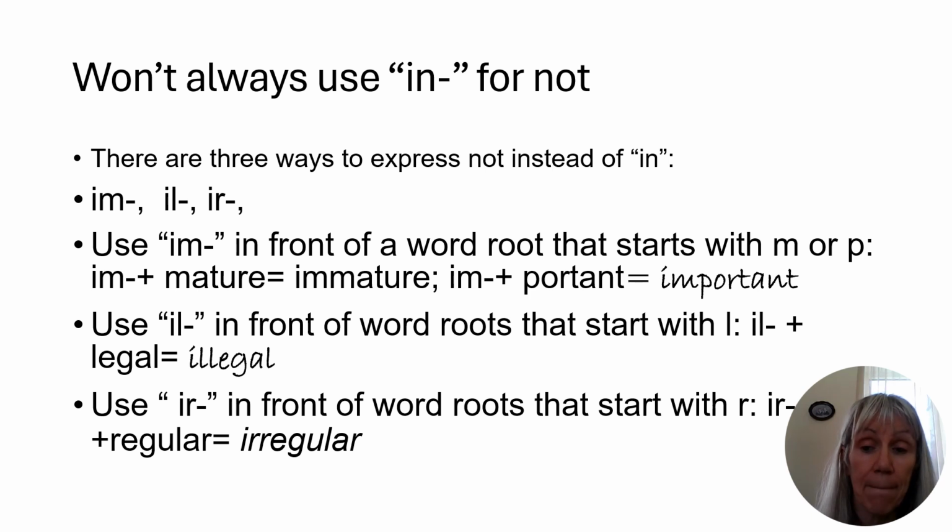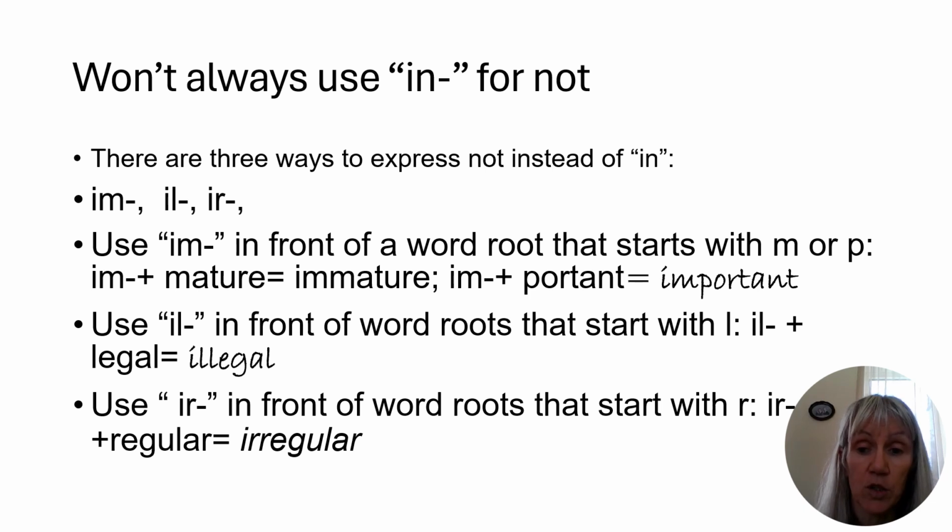We can use im, il, and ir, and all these prefixes mean not. Now we will use im instead of in front of a word that starts with M or P, as in immature. Im plus mature, the M is the first letter of mature, equals immature. We used im instead of in.